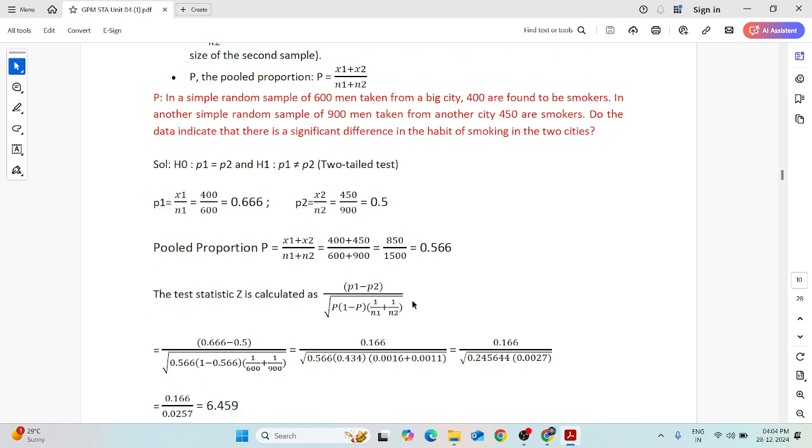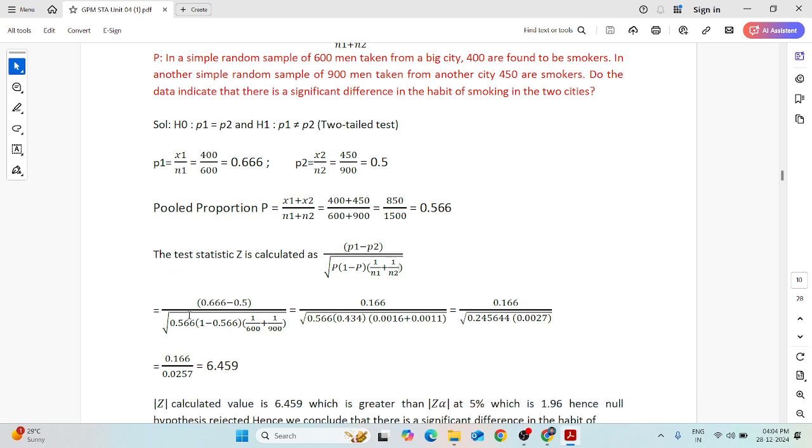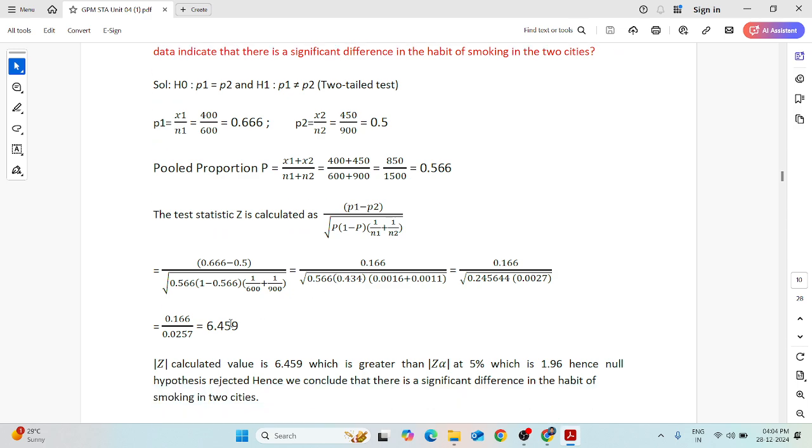So the pooled proportion will be 0.566. Applying the test statistic Z by substituting the values we have, after simplification we get 6.459, which is greater than the Z critical value at 5%. So the null hypothesis is rejected.